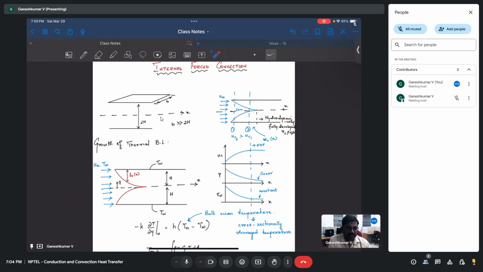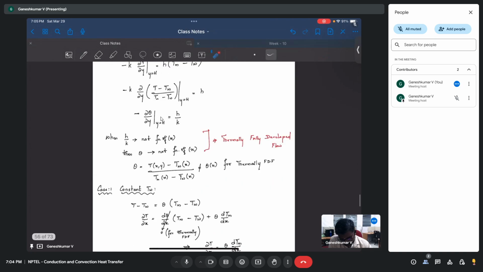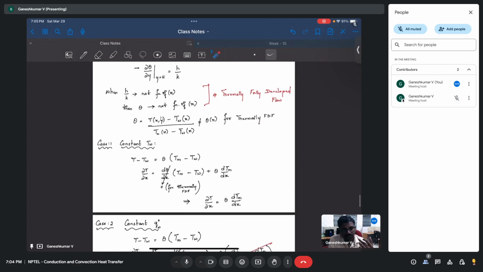Our discussions are all focused on this region, fully developed flow. So we are not analyzing what happens before, the developing flow. We are only analyzing the fully developed flow, and it's not just in terms of velocity, it's also in terms of thermally fully developed flow.